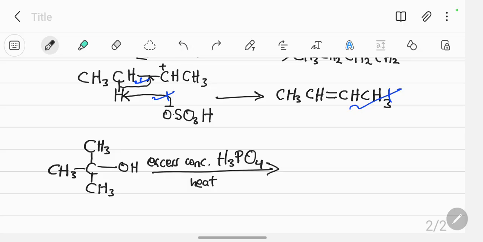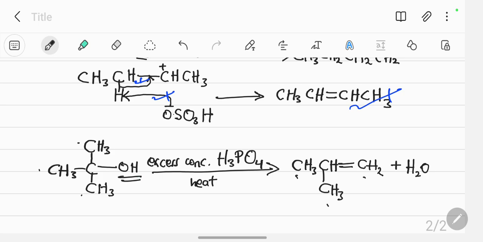So, excess concentrated phosphoric acid gives us our alkene of that kind, CH2=C(CH3)CH3, plus water. How did it happen? We chose 1 because I'm having 1, 2, 3 and 1, 2, 3.